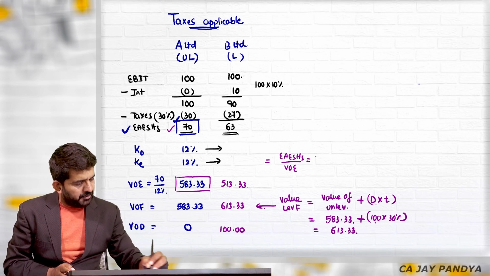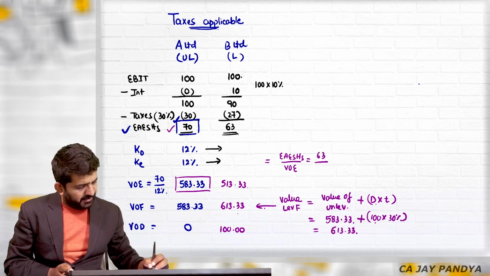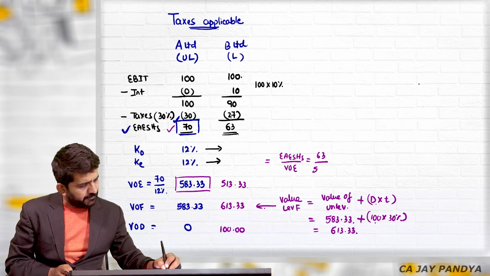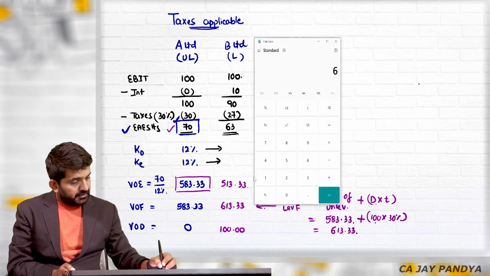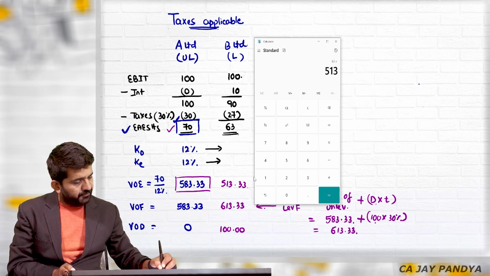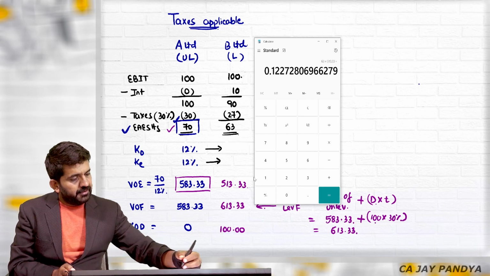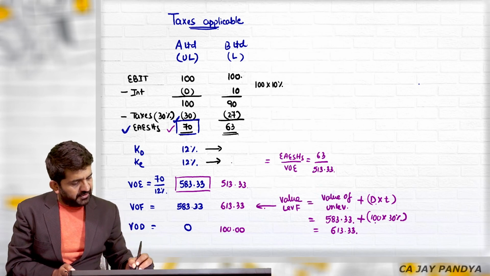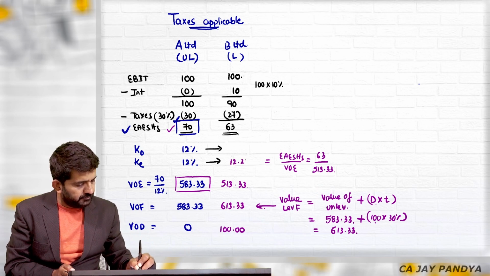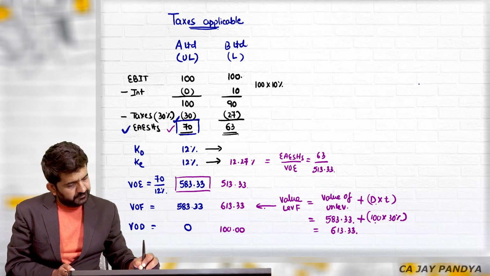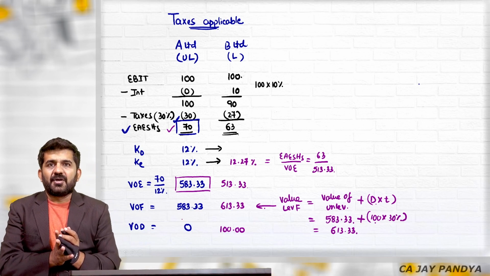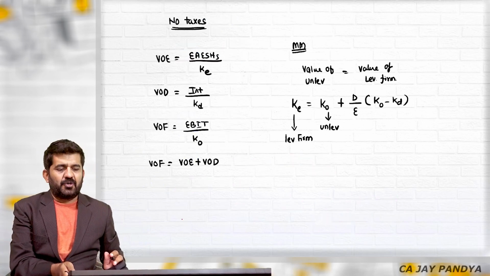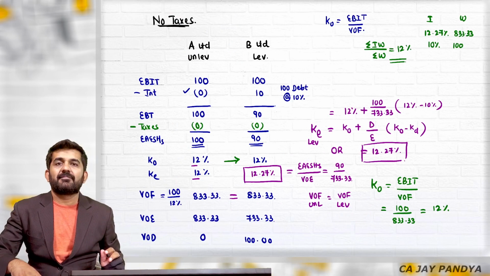Earnings available to equity shareholders are 63 divided by value of equity, which is 513.33. 63 divided by 513.33 is 12.27%. Let me compare it with a scenario of no taxes.